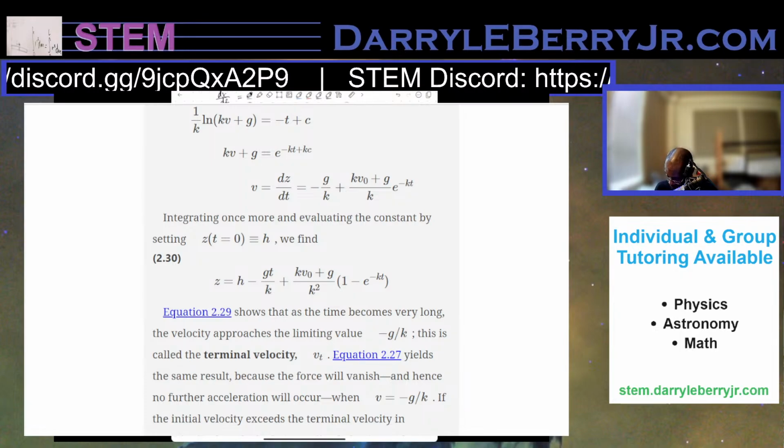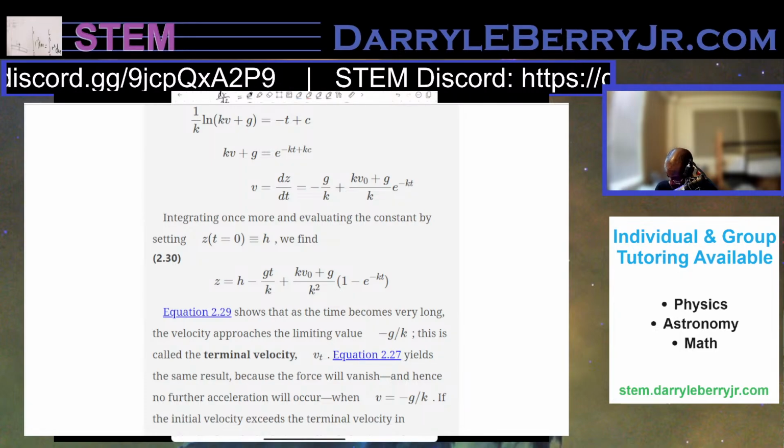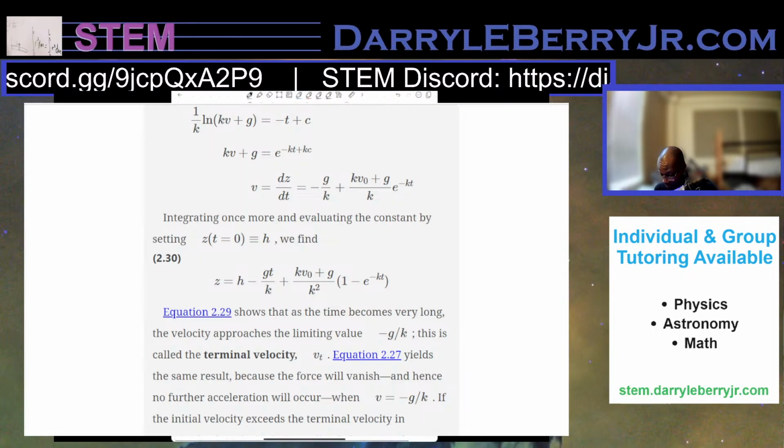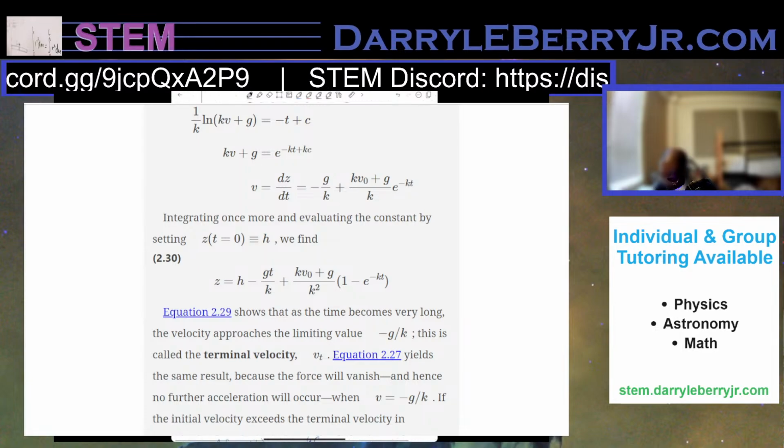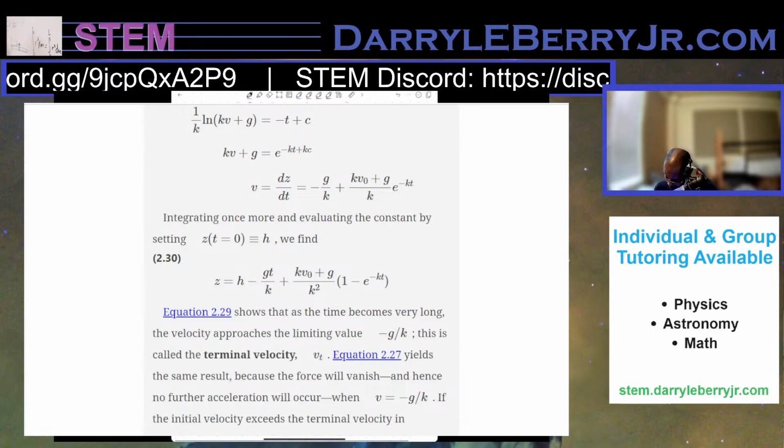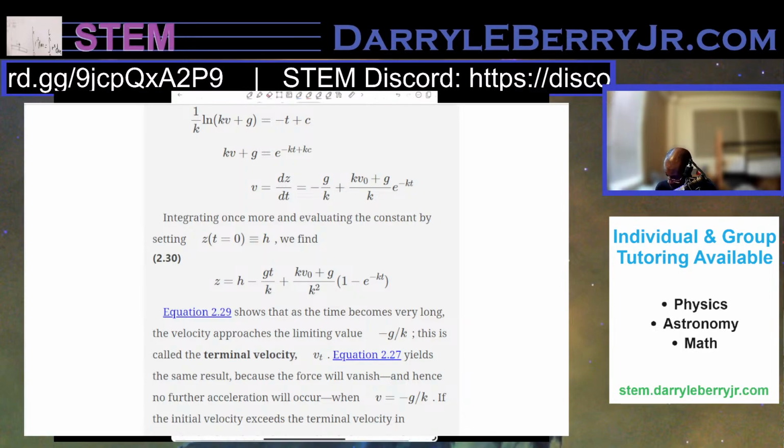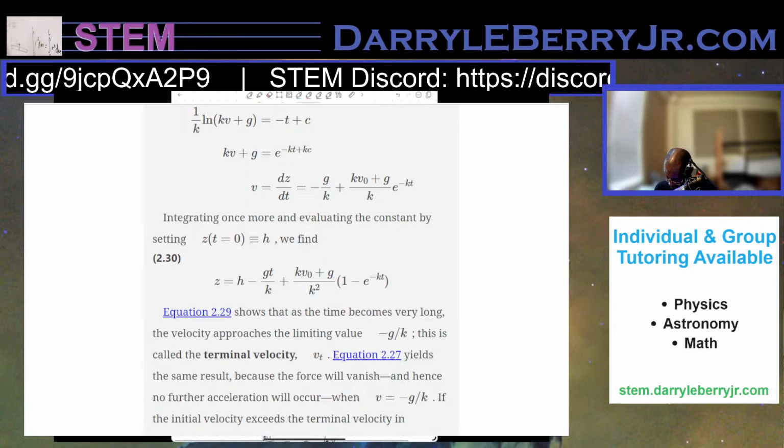I'll put it in the same form they have, and technically this would be z, as I've defined it. I have to go back and turn all these x's into z's. Actually, I'll just make this x.